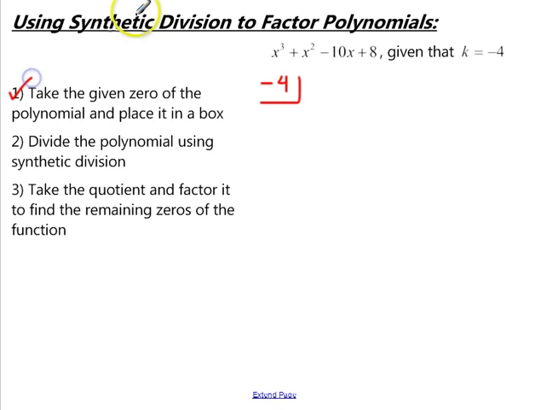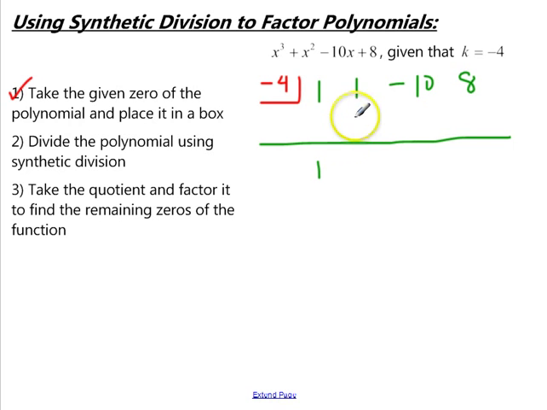And that's step 1. Step 2, divide the polynomial using synthetic division. So we'll go through our steps from before. Coefficients 1, 1, negative 10, and 8. And then we can draw our line, bring the 1 down, multiply, and then add, multiply, and add, multiply, and add.